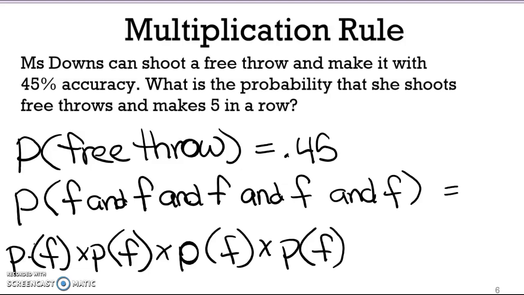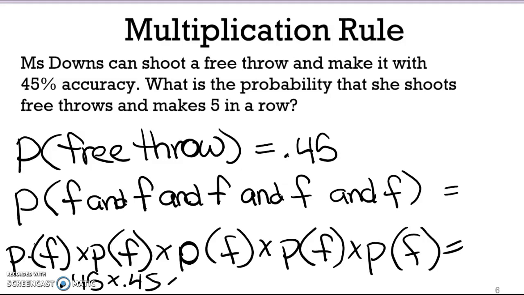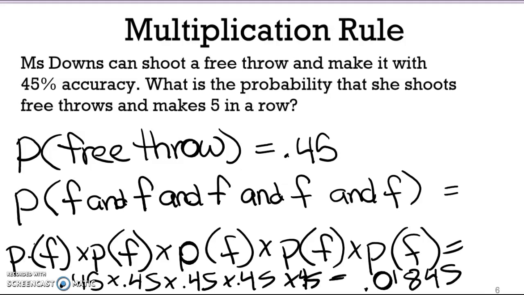So we're going to be doing 0.45 times 0.45 times 0.45, or in other words, this is 0.45 to the 5th power. And that's what we'll get if we multiply 0.45 5 times. So 0.45 to the 5th power is 0.01845. So there's about a 1.845% chance that I would make 5 in a row. Not very likely that that would happen.